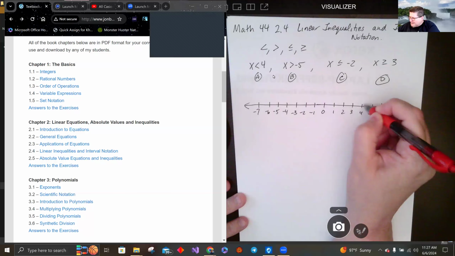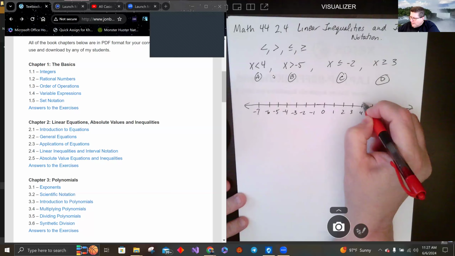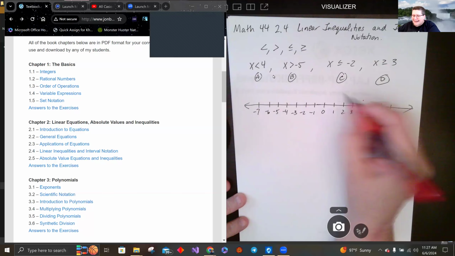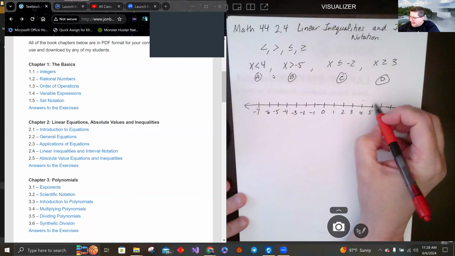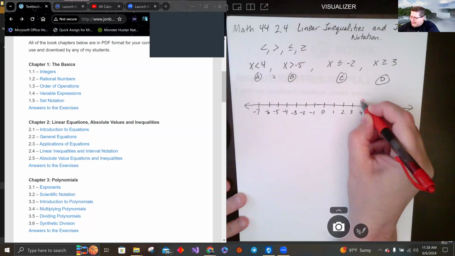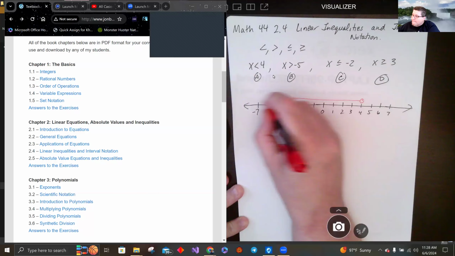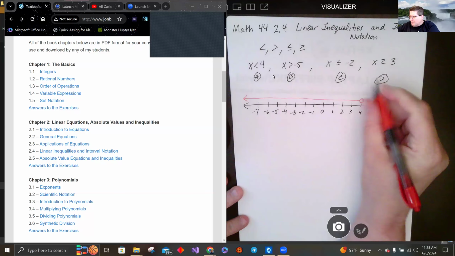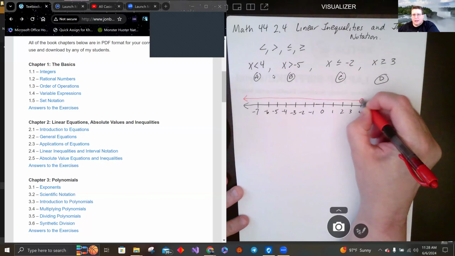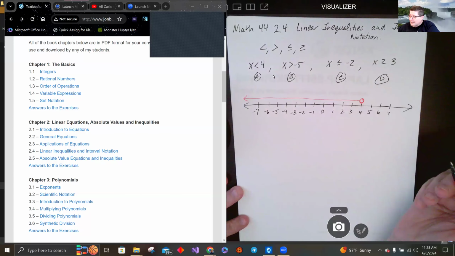Everything up to 4, but not 4. 4 doesn't work. 3.99 is less than 4. All the way up to 4 and less than it. Any number to the left of 4 works, but not 4. Since 4 doesn't work, I'm going to put a circle on 4, but make it hollow. I'll call that line A.